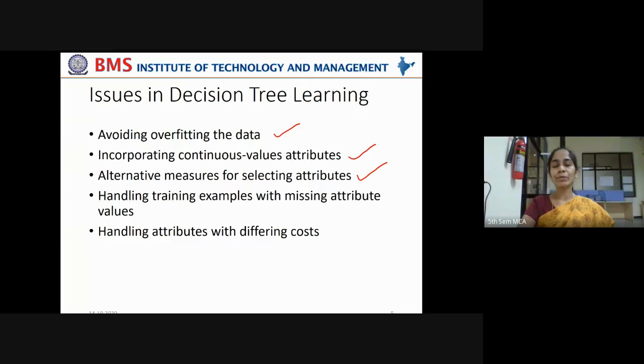If attribute values are missing, how the classification has to be done, and handling attributes with differing costs. If the attributes have differing costs, how to handle them. Okay, these issues we are going to understand in depth so that we can avoid those issues when we are trying to make our machine learn this decision tree model.